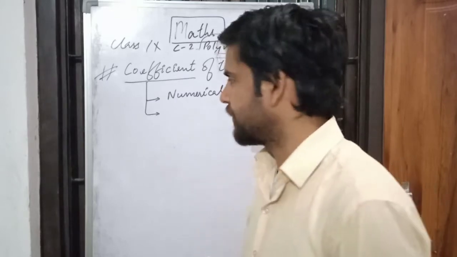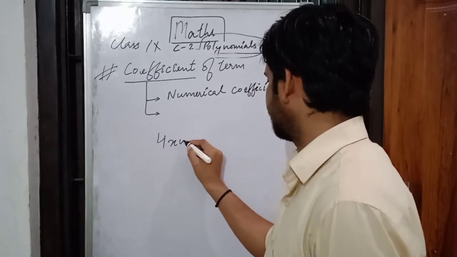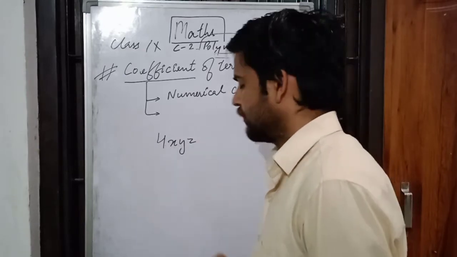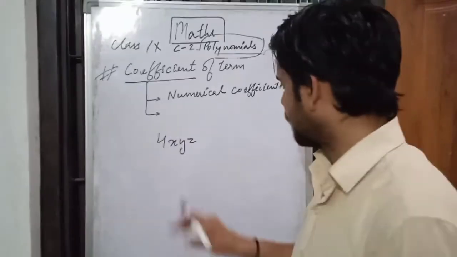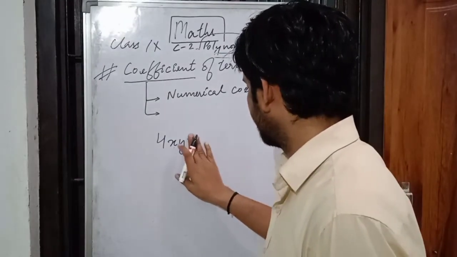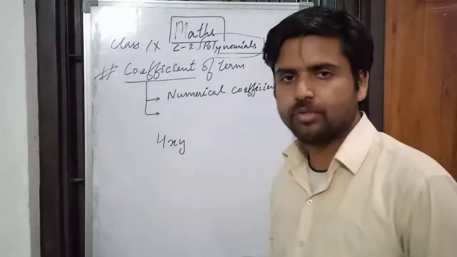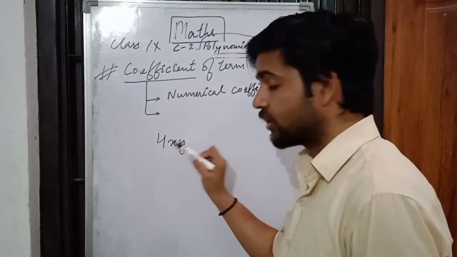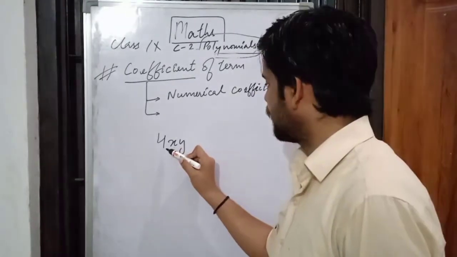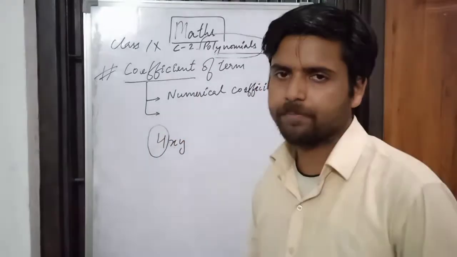Okay, I'll explain that. Let's take the example of this. I'll just leave these two. So if I ask you what is the numerical coefficient of this term, for the numerical coefficient you will just see the number which is written here.